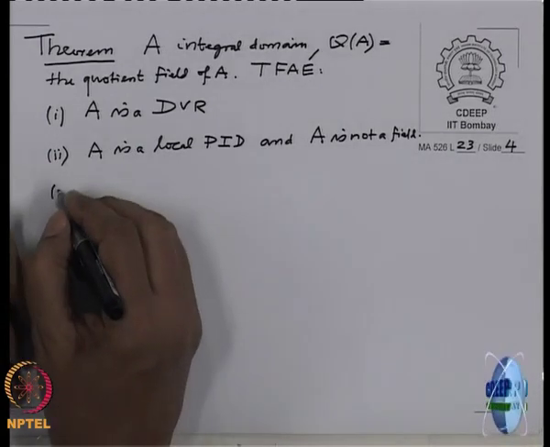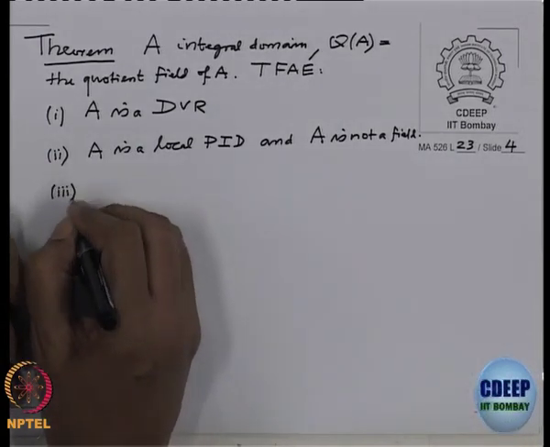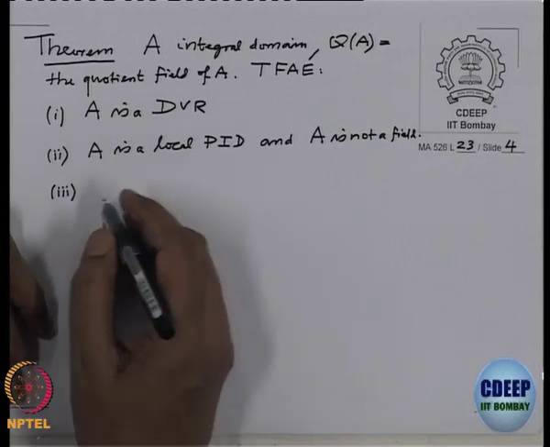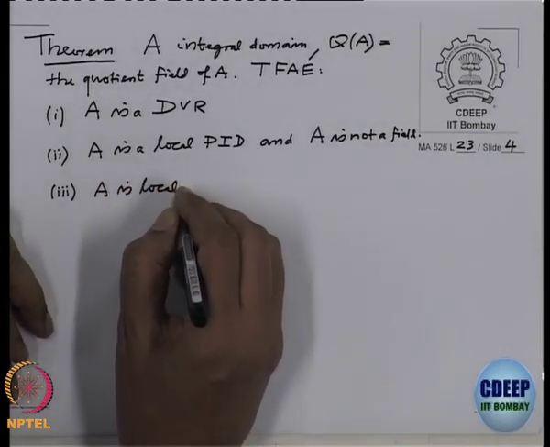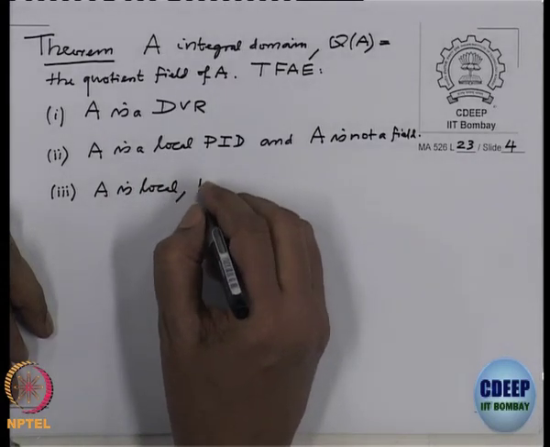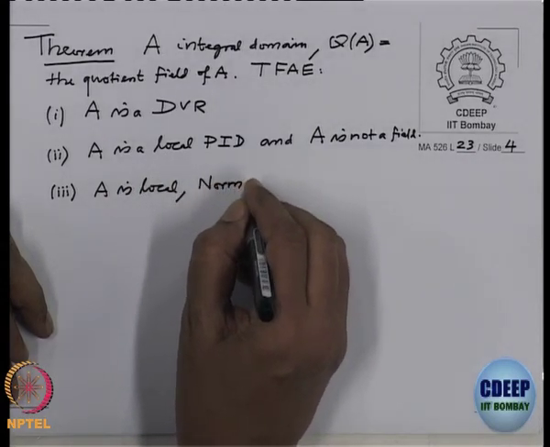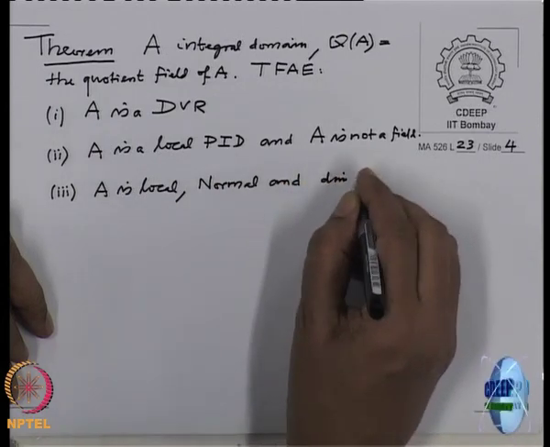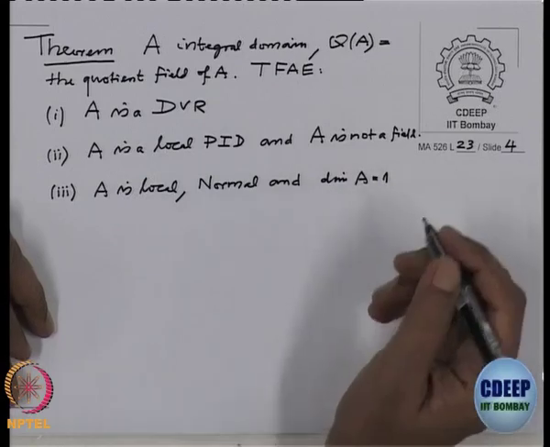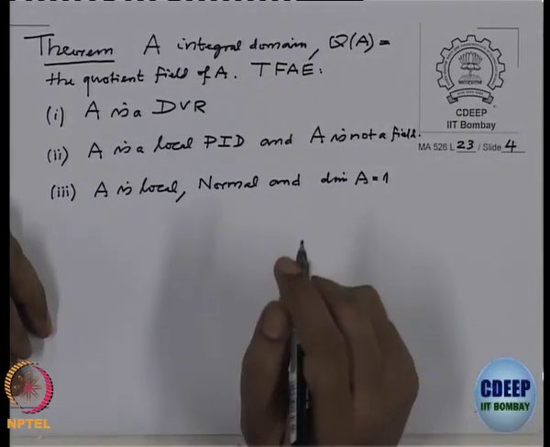Okay, three, A is local, normal, and dimension 1. Dimension 1 means every non-zero prime ideal is maximal.